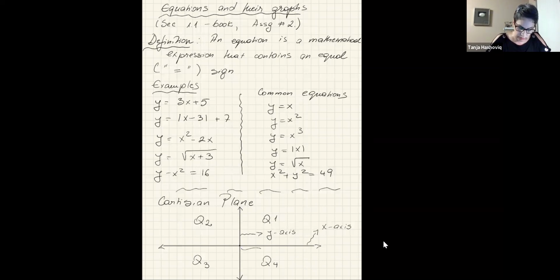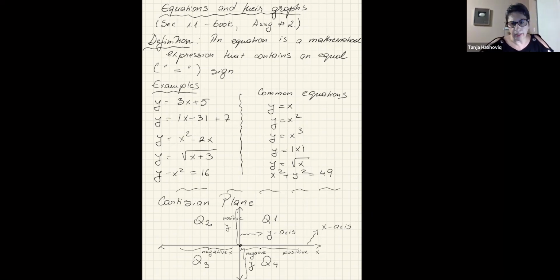So here you'll have positive x, here you'll have negative x, here we'll have positive y, here we'll have negative y. All right, and where they intersect is 0, 0.